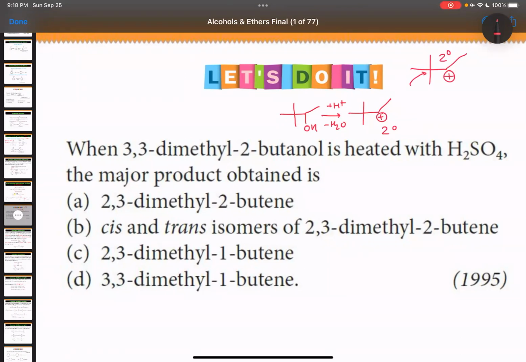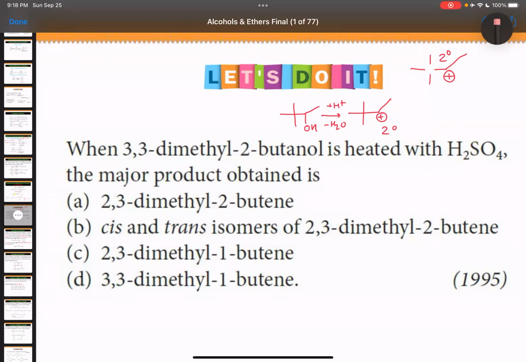But here you already have 4 bonds and 3 methyl groups connected to this position. So how are you going to bring the cation over here? You need to shift one group, and which group is going to get shifted? The methyl group, because you have only methyl groups, 3 methyl groups.